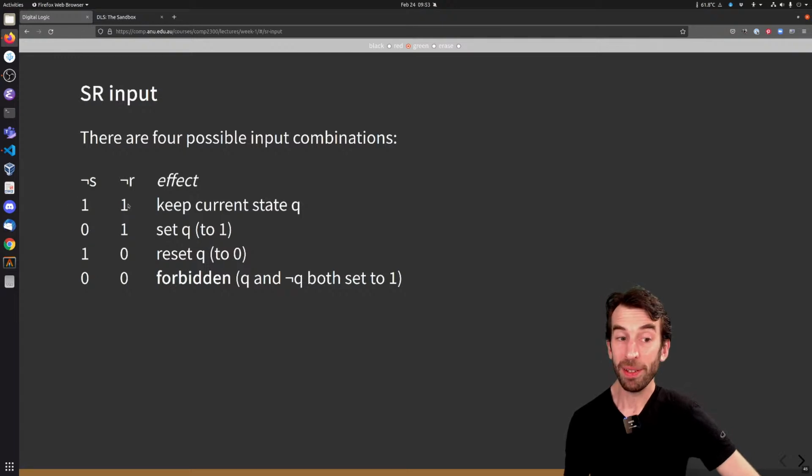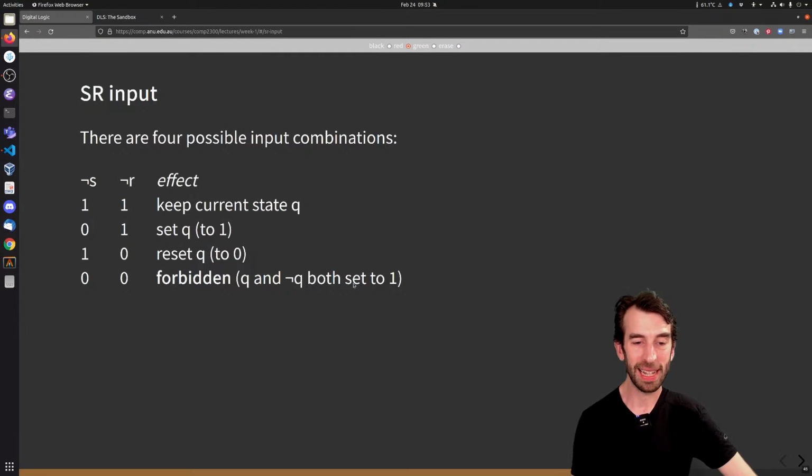So if they're both 1, we're keeping the current state of Q and not Q. If we drop the not S input to 0, we set Q to 1. If we drop the not R input to 0, we reset Q to 0, just as we talked.